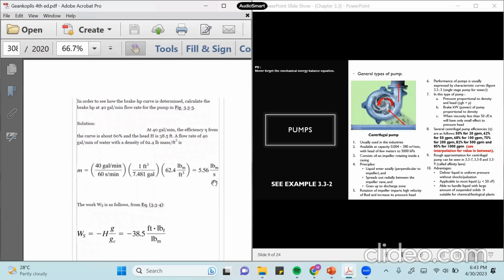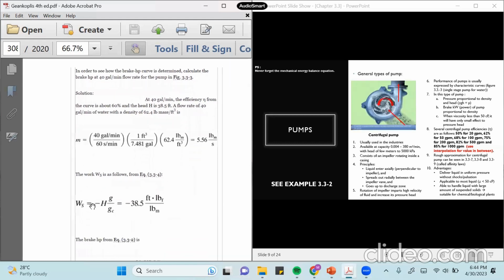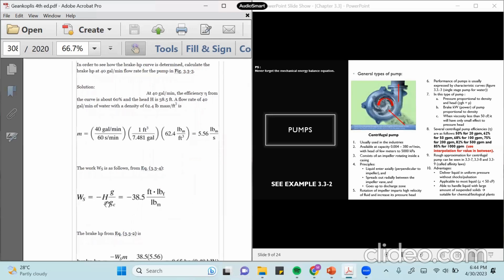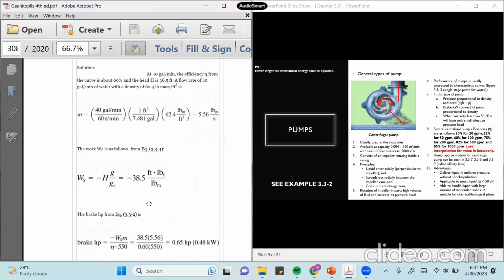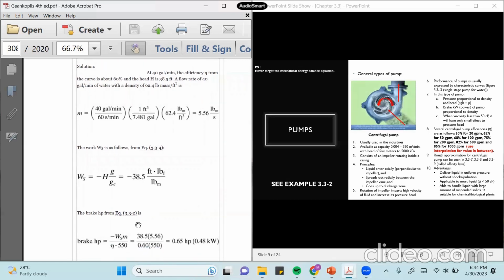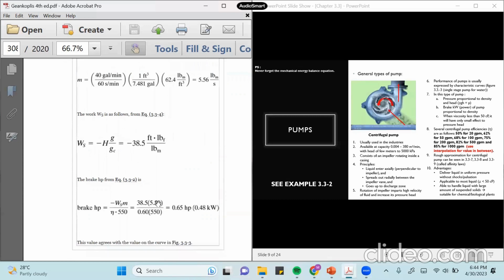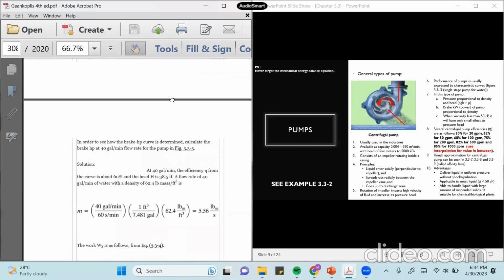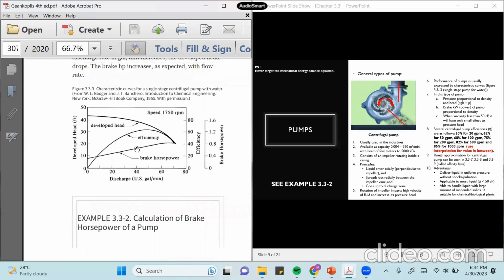By using equation 4, we can get minus WS is 38.5. And then by using equation 2, we can get the brake horsepower of 0.65. The value is quite similar, right? It's quite similar if we use this curve.